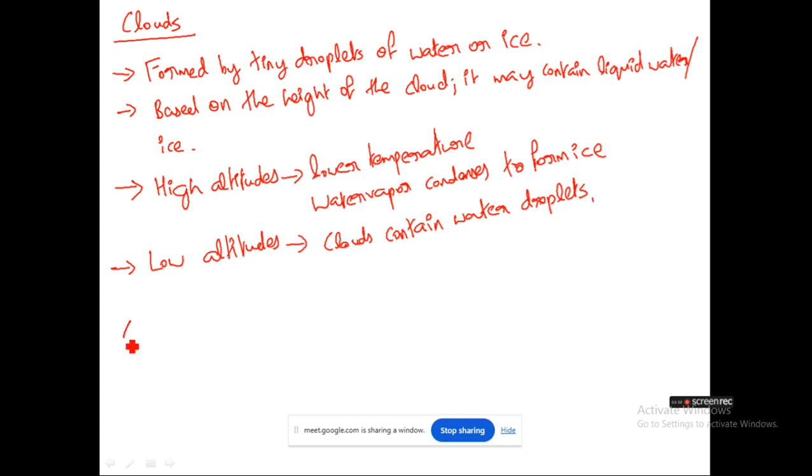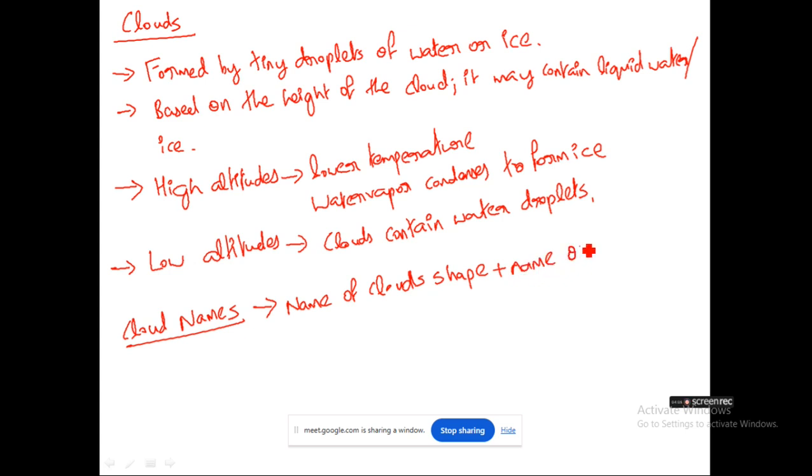And now let's see how these clouds are named, the nomenclature of clouds. Generally, the name of a cloud is obtained by combining the name of the cloud's shape plus the name of the cloud's height. So from the name of the cloud, we can understand its shape and also at what height these clouds generally are.